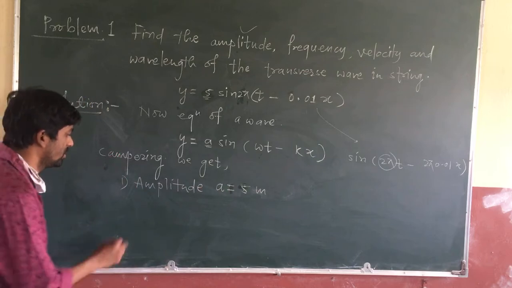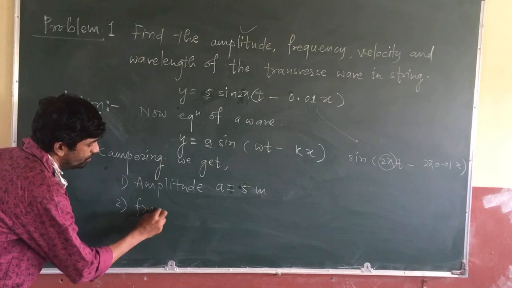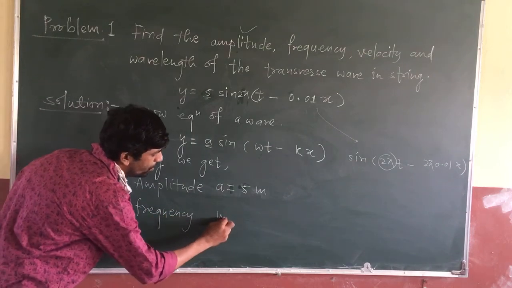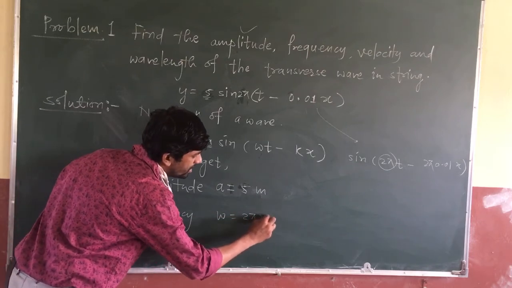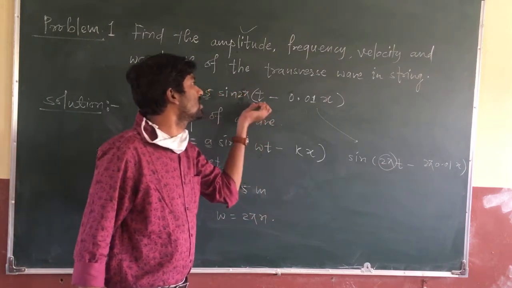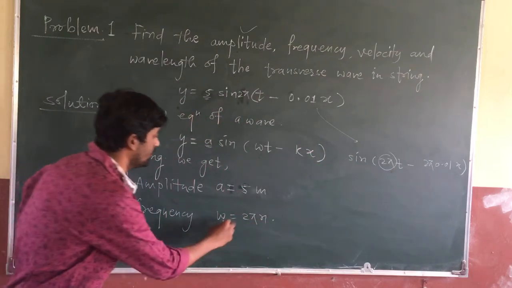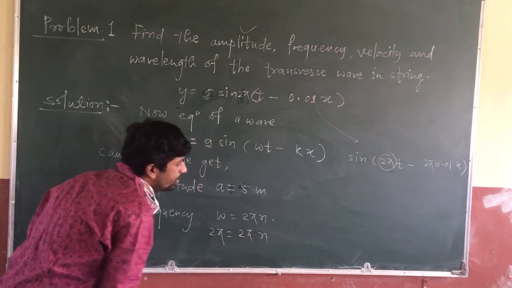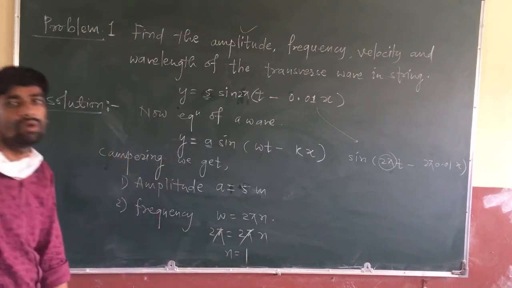Now we have to calculate the frequency. Omega equals 2 pi into n, and here this value equals 2 pi. So 2 pi and 2 pi get cancelled, and frequency equals 1.